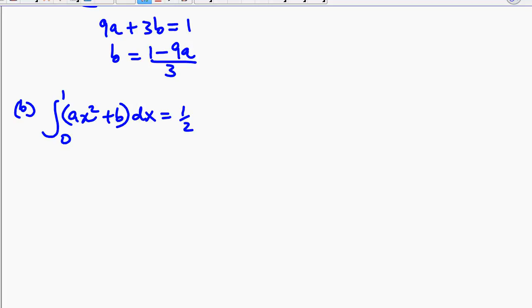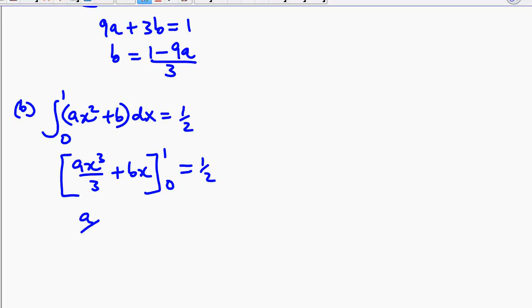If we integrate that, we'll end up with ax cubed over 3 plus bx from 0 to 1 is equal to a half. Plug in, we'll have a over 3 plus b is equal to a half, which means that b is equal to a half minus a over 3.